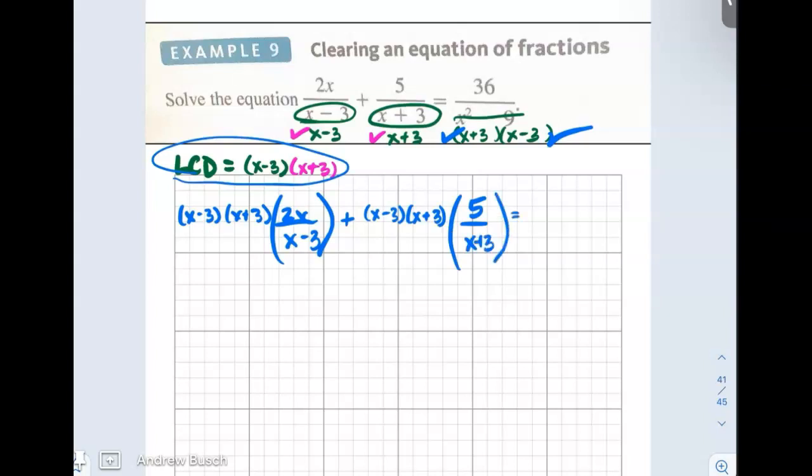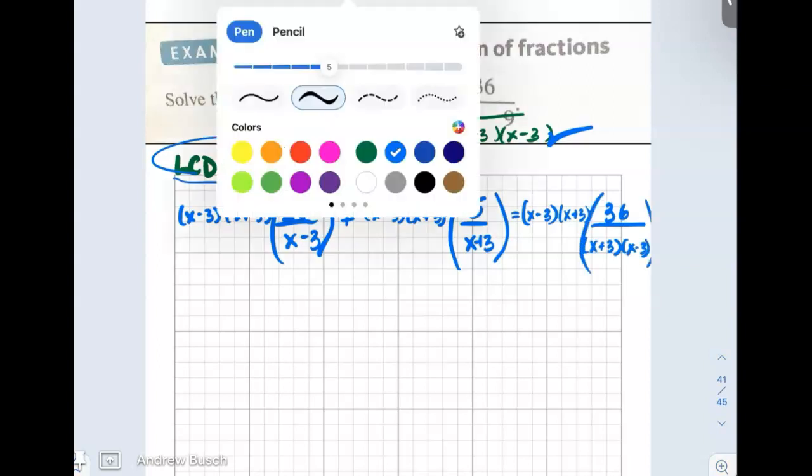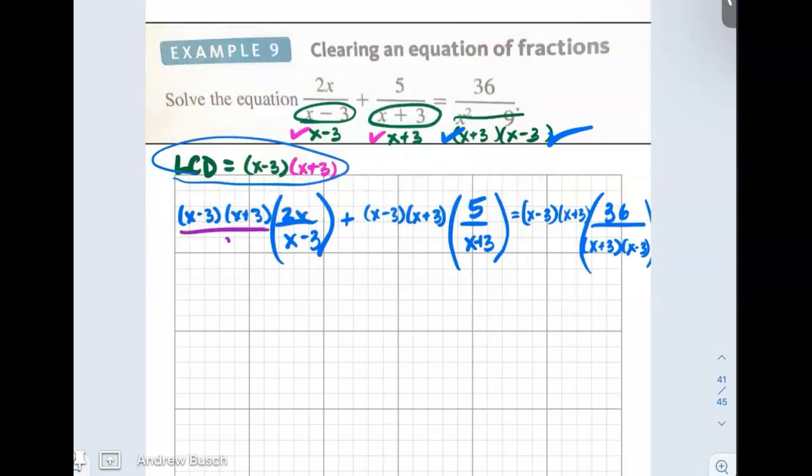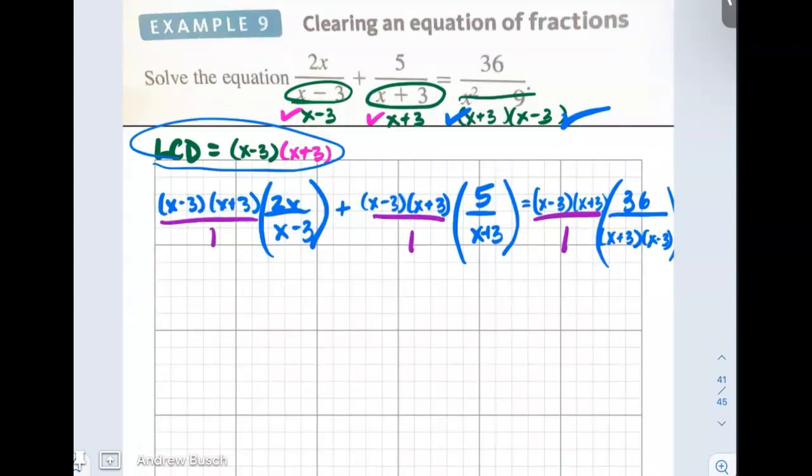And we have the LCD times the third fraction. And I'm going to write this in factored form. If you're confused as to where these are going, these all have ones under them if you want to view them as fractions. So then we can cross cancel.